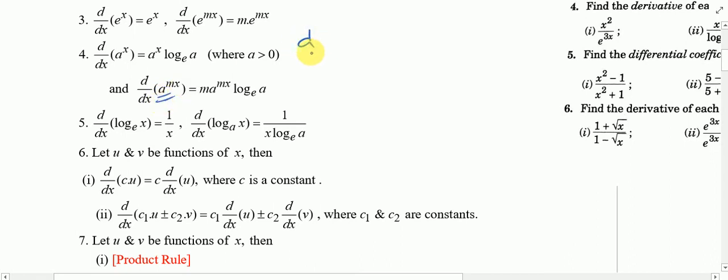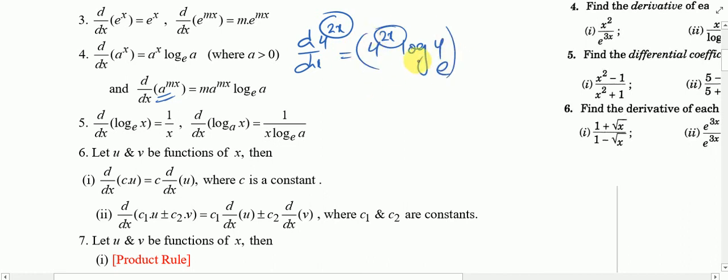Let's say I have 4 to the power 2x. So firstly you will get 4 to the power 2x. Think that this is x only for a while. Then you get 4 to the power 2x log 4 base e. Then differentiate this 2x. So if you differentiate 2x, you will simply get 2.